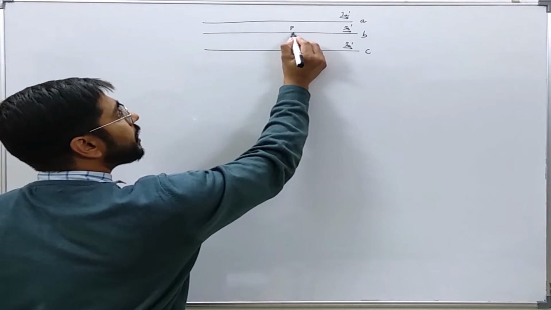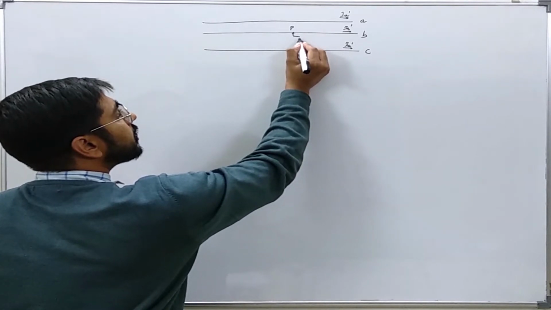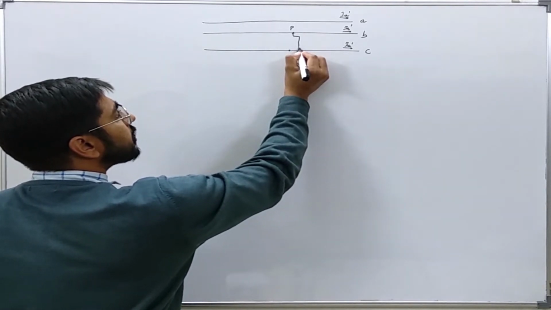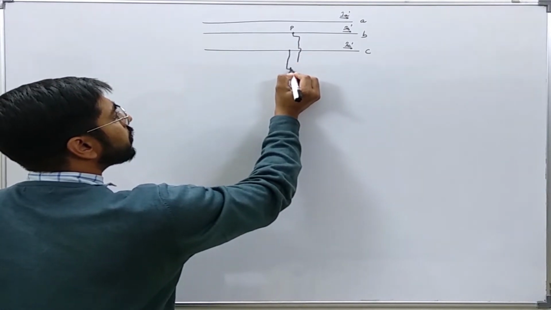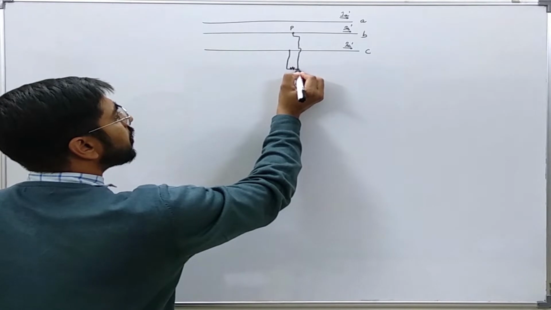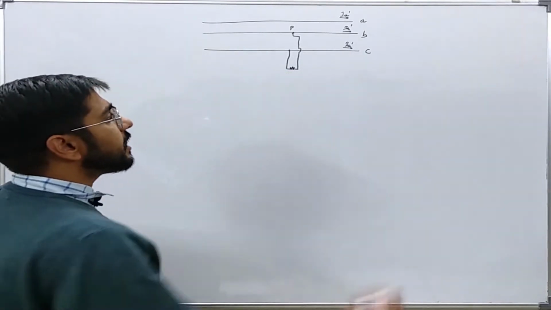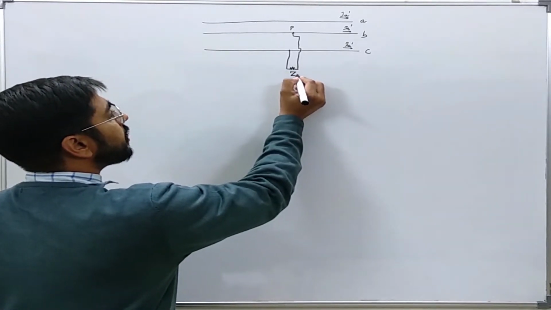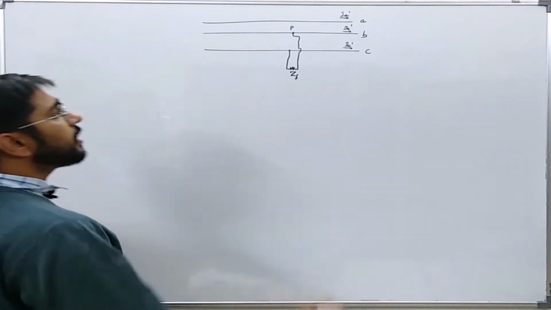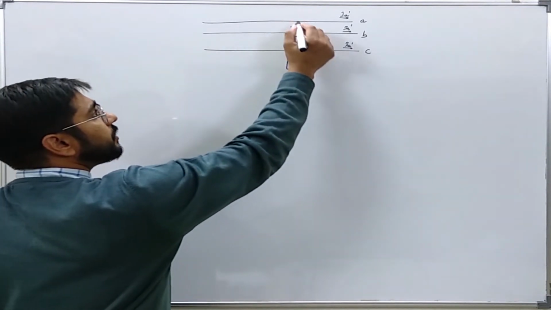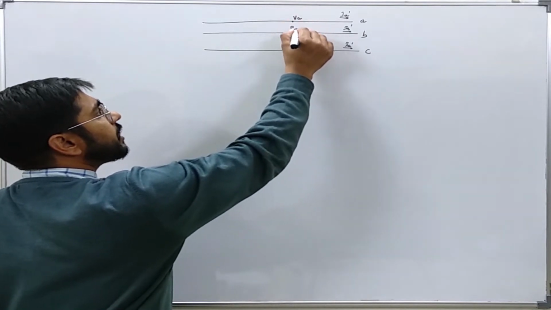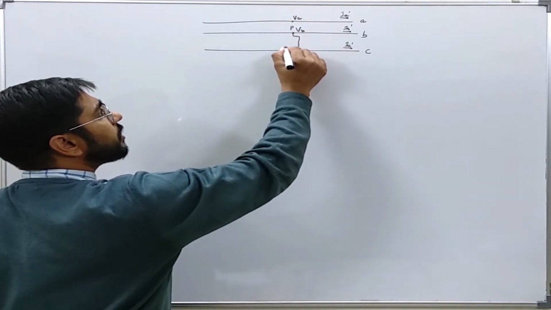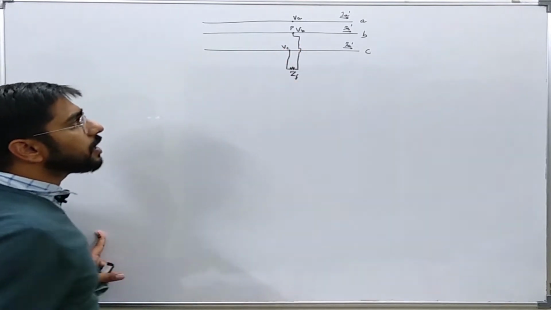We are assuming that there is an impedance which is involved in the fault, and this impedance is, let us say, ZF, and at this point the voltage of phase A with respect to ground is VA, this is VB with respect to ground, and this is VC with respect to ground.